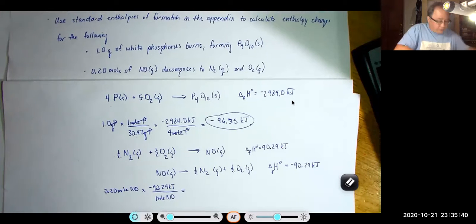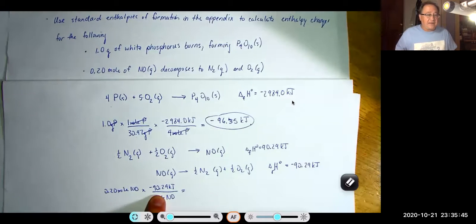So 2 moles times 90 is going to be about 180, right? Let's see what we get.